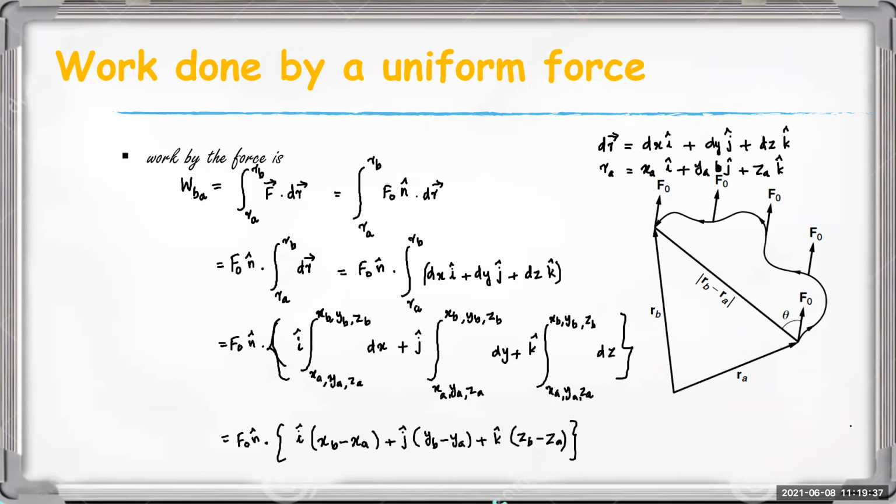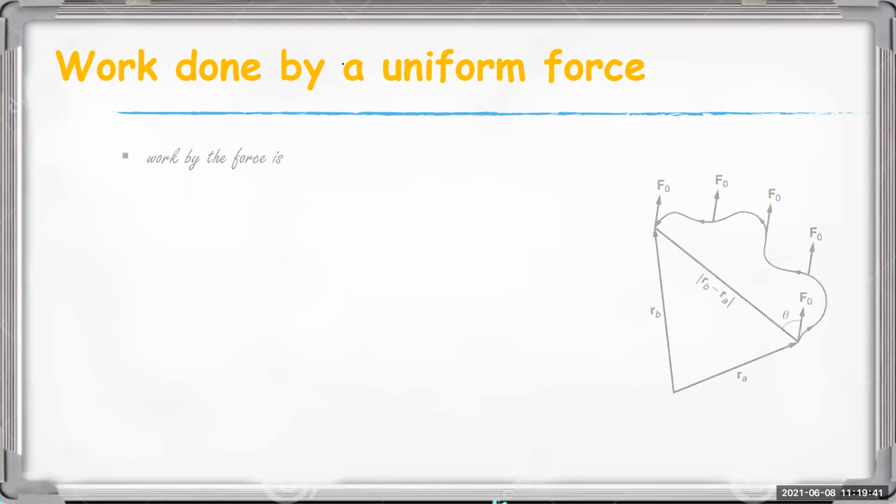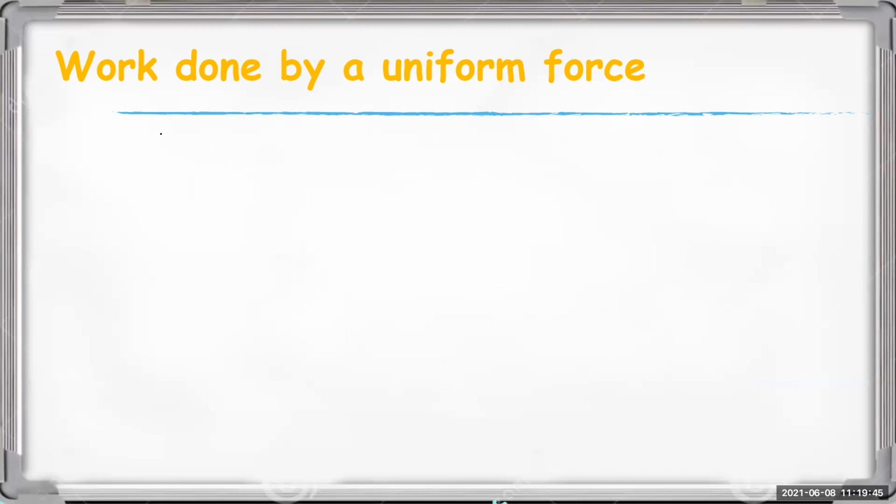Then here we obtain W_BA is equal to F0 n cap dot i cap into XB minus XA plus j cap into YB minus YA plus k cap into ZB minus ZA. Okay.